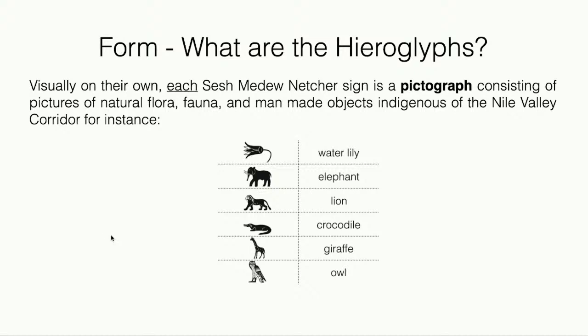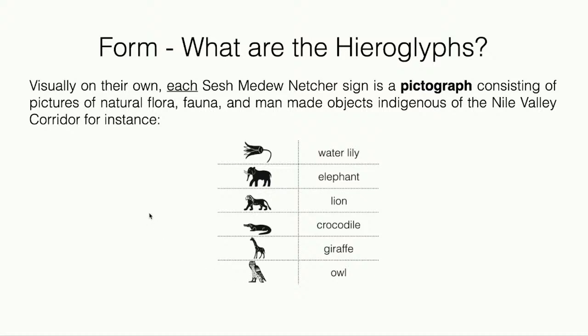So it's sound writing. That's one of the biggest hurdles in all of my years of teaching the language, one of the first hurdles beginners have to get used to. You have to divorce the picture from how it's being used.